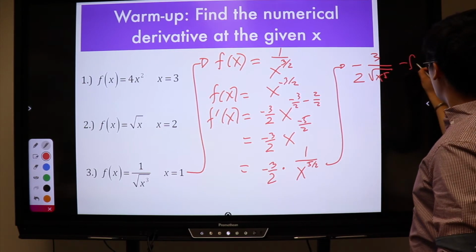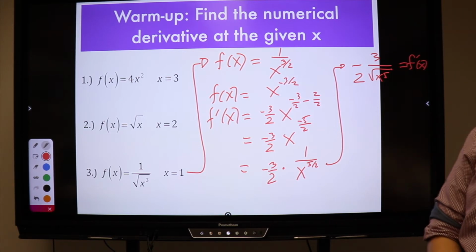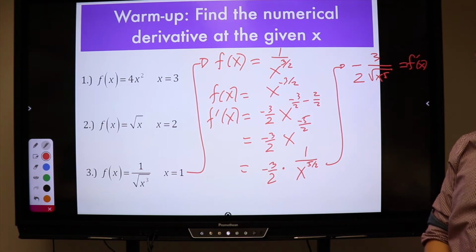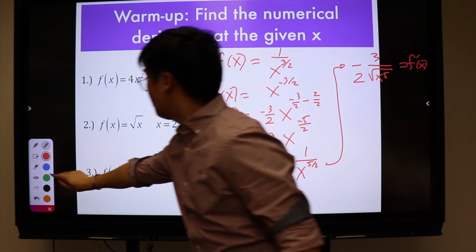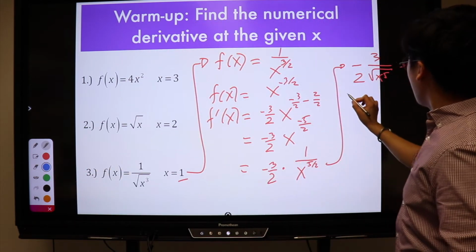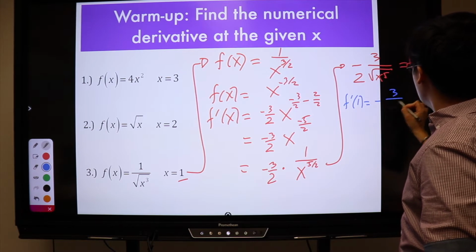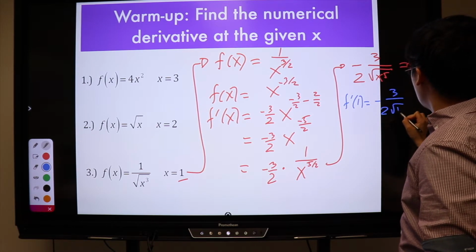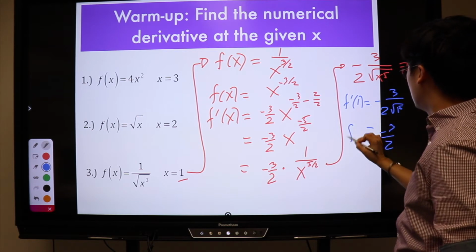This is your f prime of x. Are we finished? No. We need to find f prime of 1. So let's complete our work. f prime of 1 is negative 3 all over 2 square root of 1 to the 5th, which is equal to negative 3 all over 2.